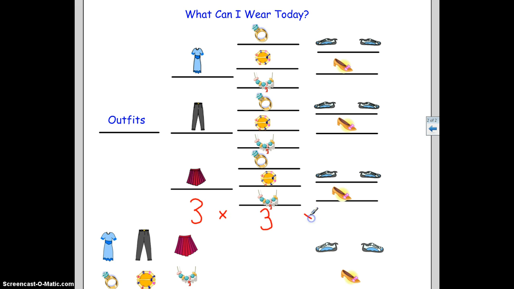And then I could multiply by the number of options I had for footwear, which was either my tennis shoes or my high heels, 2 options. And I know that 3 times 3 is 9. 9 times 2 is 18. So I had 18 different possible combinations that I could wear to school today.